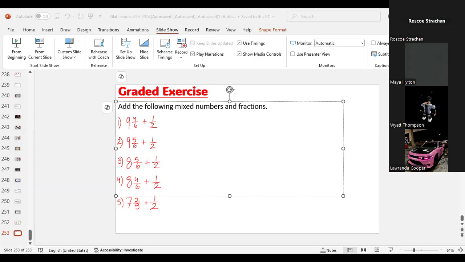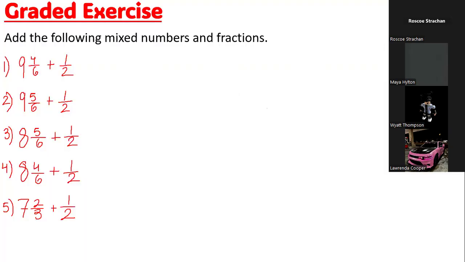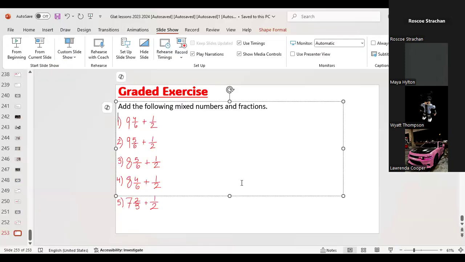Okay, good. That's good. For number 5, that's 7 and 2 over 3 plus 1 over 2.